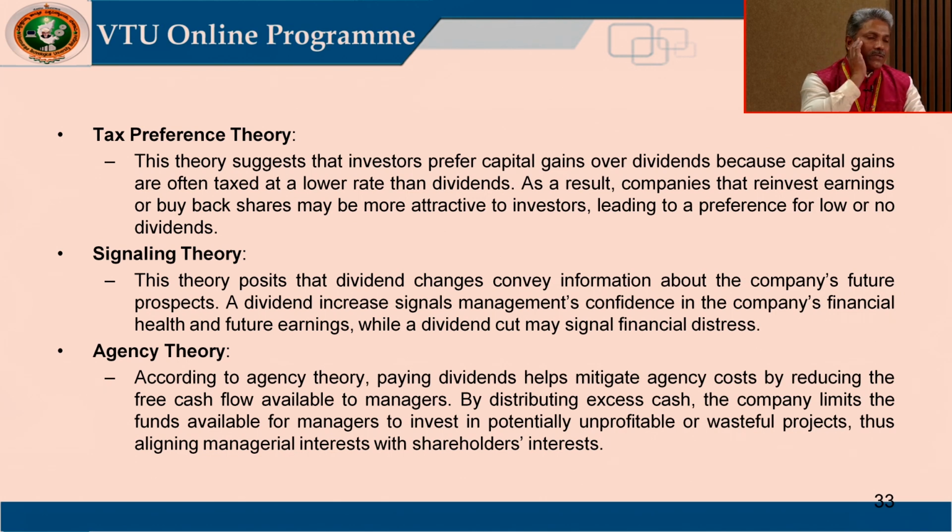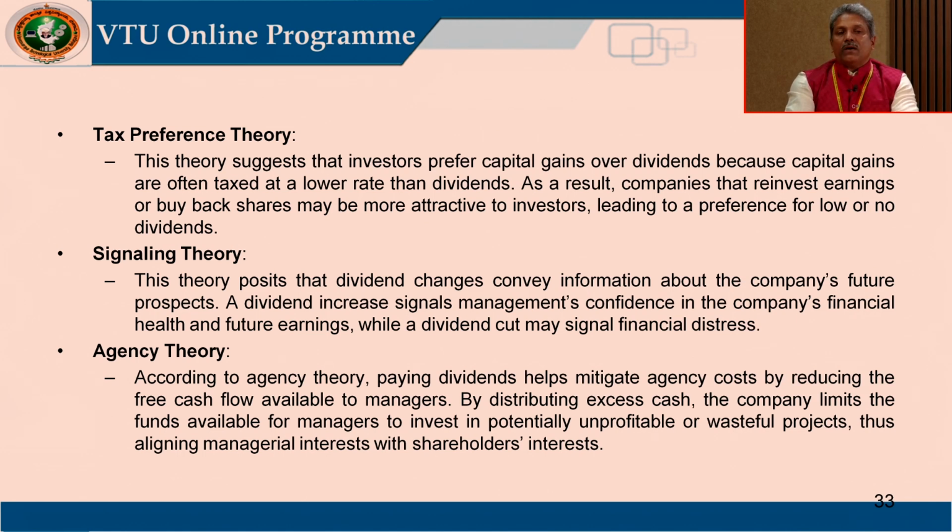Agency cost means the managers of the company, the directors, the management of the company are considered as agents; they work for the benefit of the owners of the company. Here agency theory says that if more money is retained in the business, the management is duty bound to invest that money.